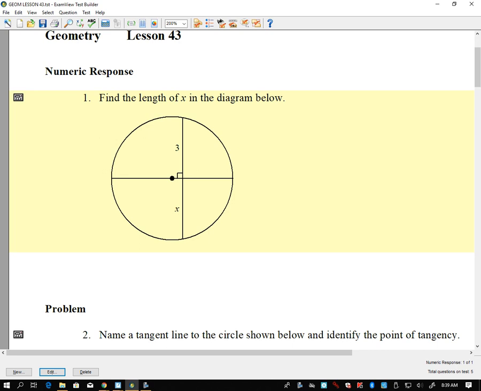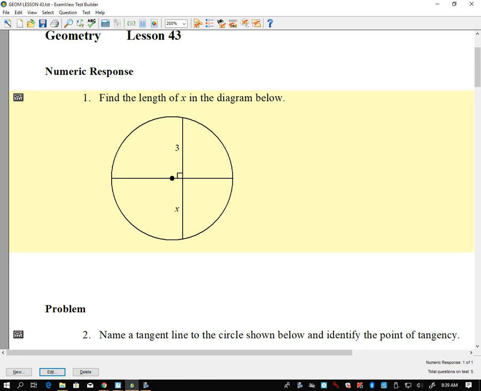Let's see, the horizontal line, what kind of line is that? What do we call that line? It's a diameter. All right? What is the angle between it and the chord that it intersects? Maddie, what kind of angle are they meeting at? A right angle. Very good. What do we call that vertical line there, Chandler? It's a chord. Okay, good.